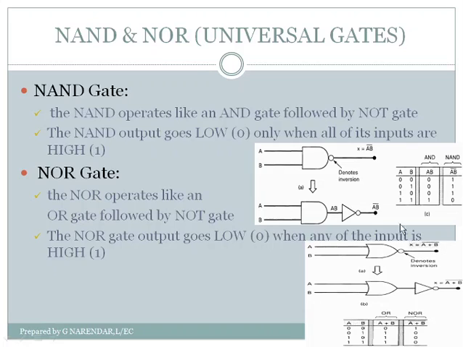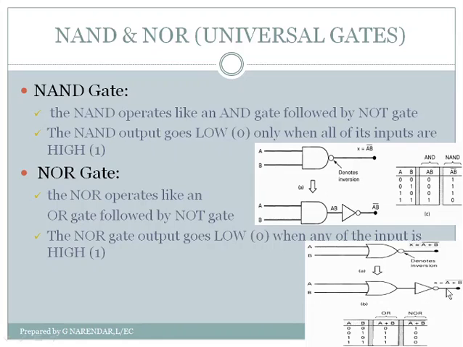So this is equivalent to an OR gate followed by a NOT gate. For the OR gate, the inputs are A and B. The output of OR gate is A plus B. This is also the input given to your NOT gate, because the input is connected to the output of the OR gate.